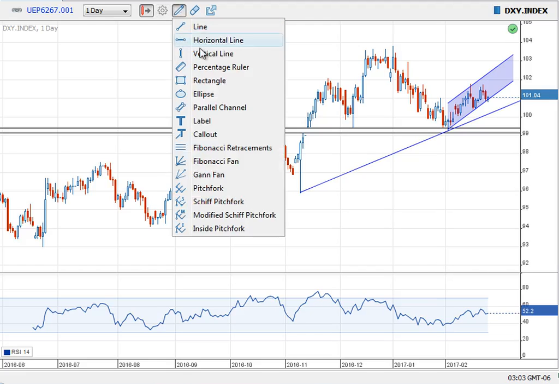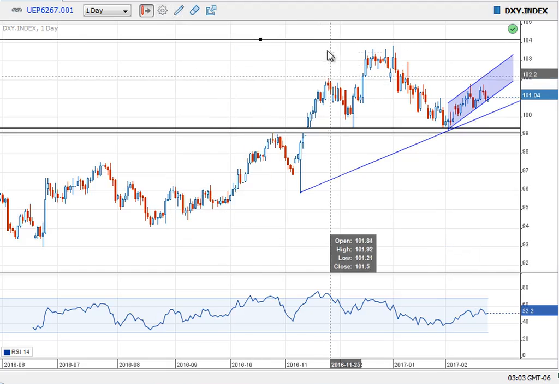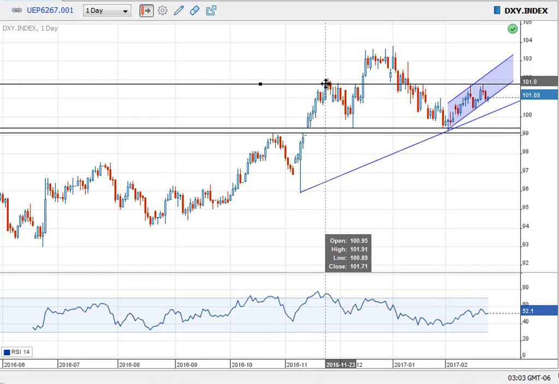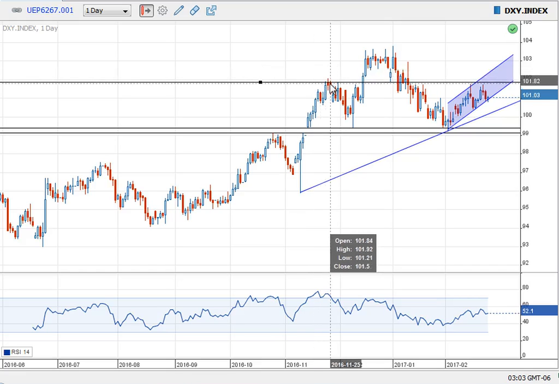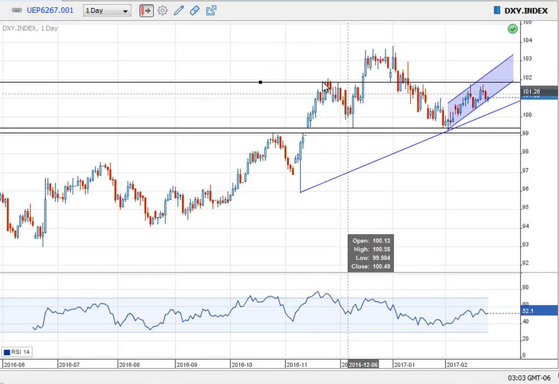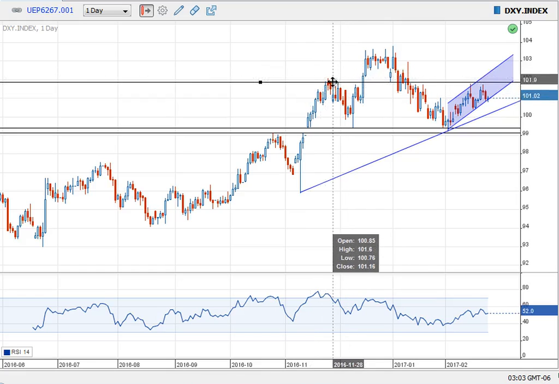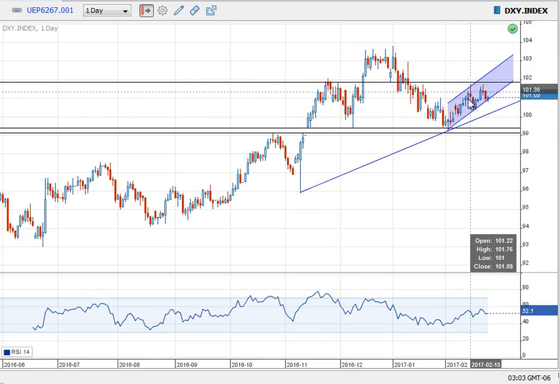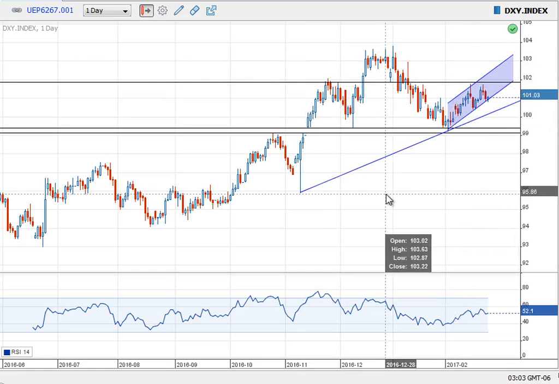Now, if we look closely, let's put on a horizontal line around these levels and drag it down. You can see that where we made the first shoulder in late 2016 is right here at the 101, 102 level. Now, we didn't hit those levels, but remember that support and resistance are not straight lines, but actual zones.